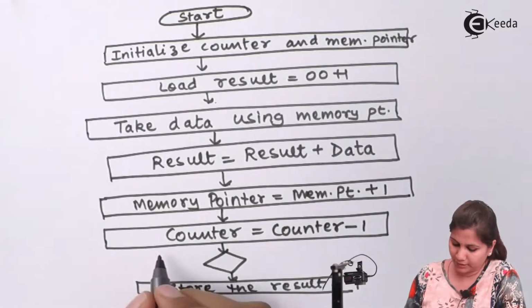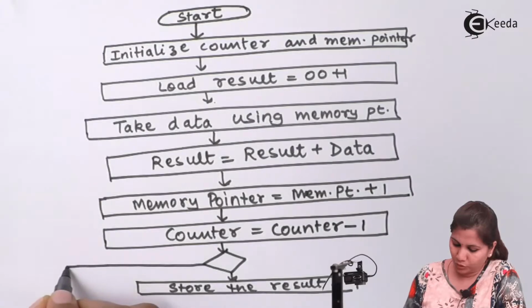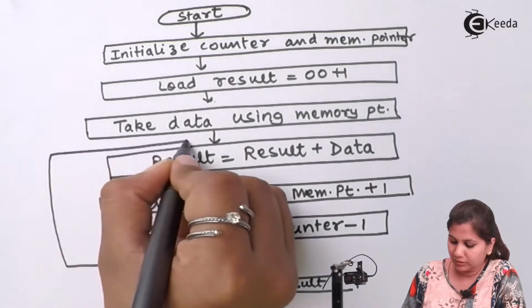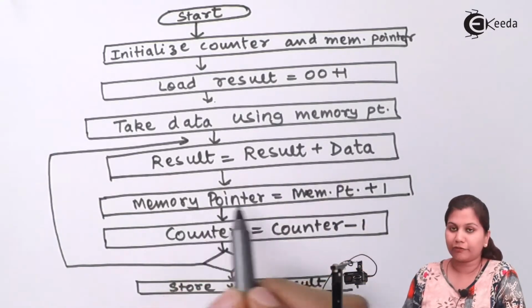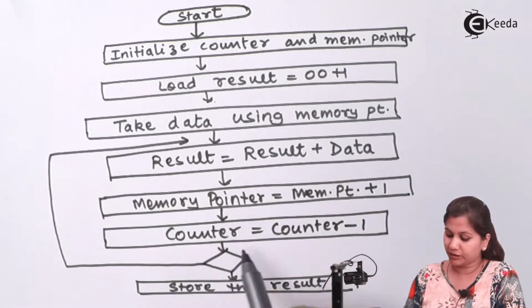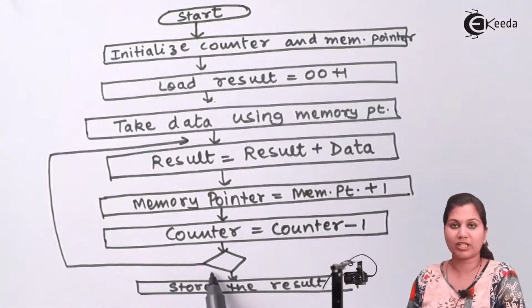If it is not 0, then we have to repeat the steps, that again the result is added with the data. After that, memory pointer is increased. After that, counter is decremented. Again, it is checked whether the counter is 0 or not.